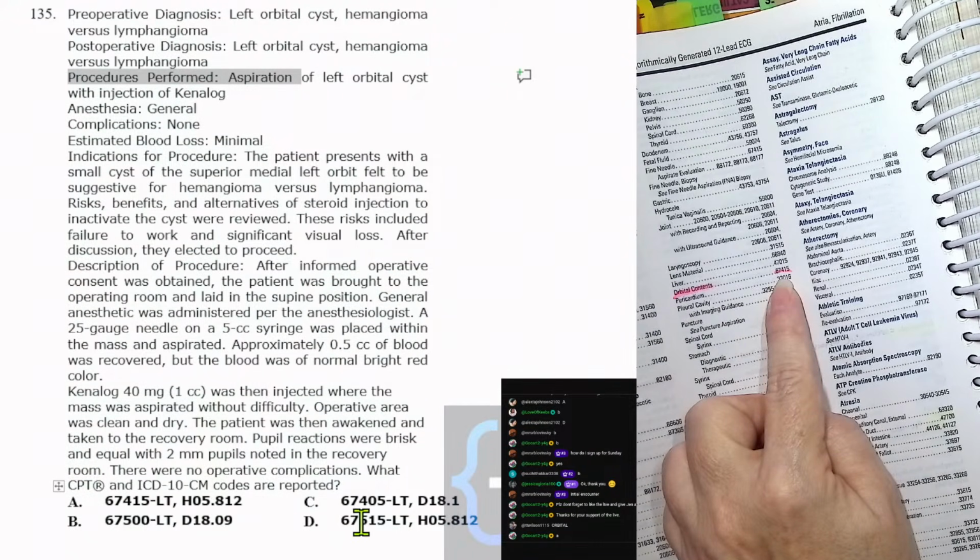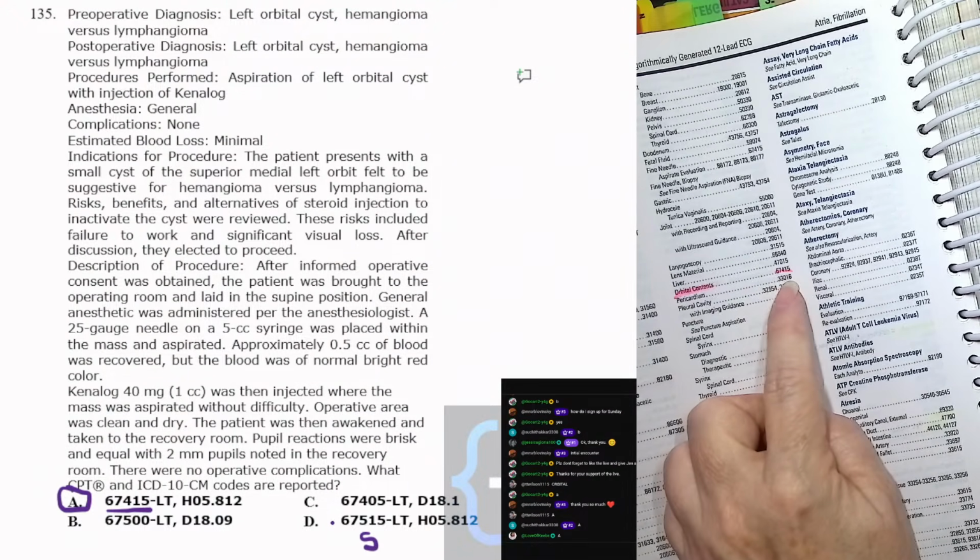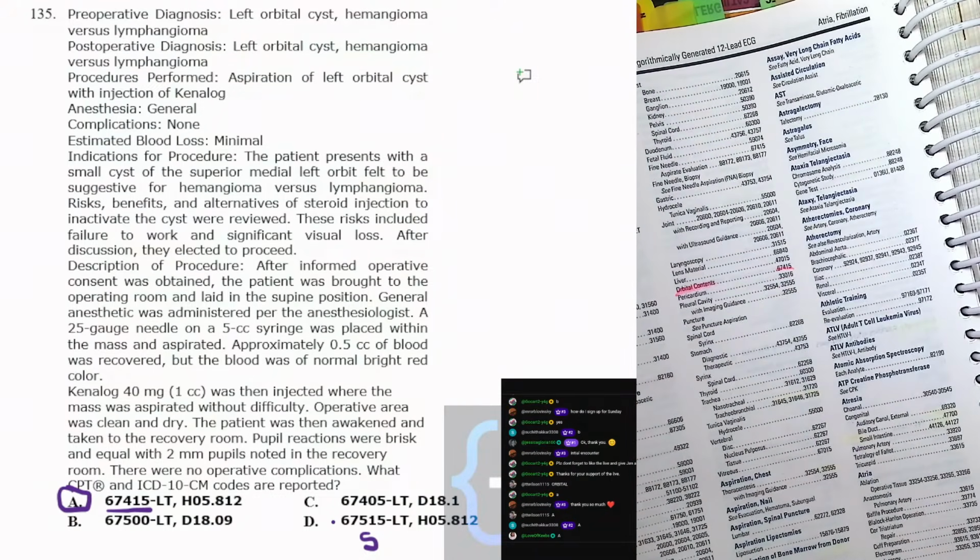D has a different third digit, so be careful with that one. A is the only answer with that correct code that the alphabetical index says, because this has a 5 in it instead of a 4. Our alphabetical index back here says it is a 67415.